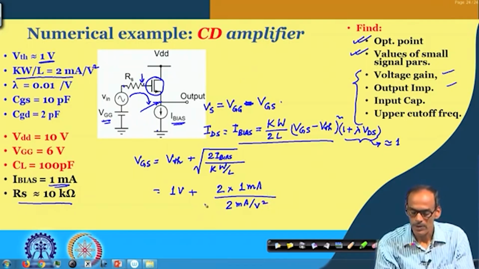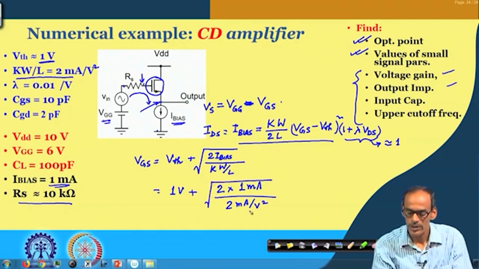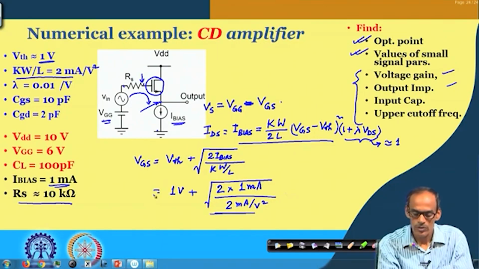So, what we have here is this 2 and this 2 getting cancelled, milliampere is also getting cancelled. So, this part as a result we do have 1. So, the VGS is 1 plus 1 equals 2 volt, right. So, that is the VGS.